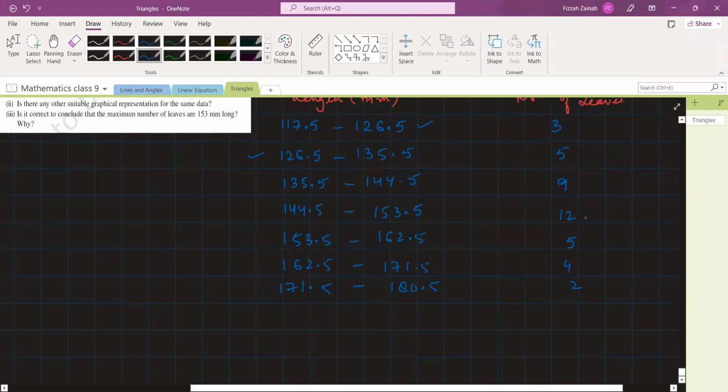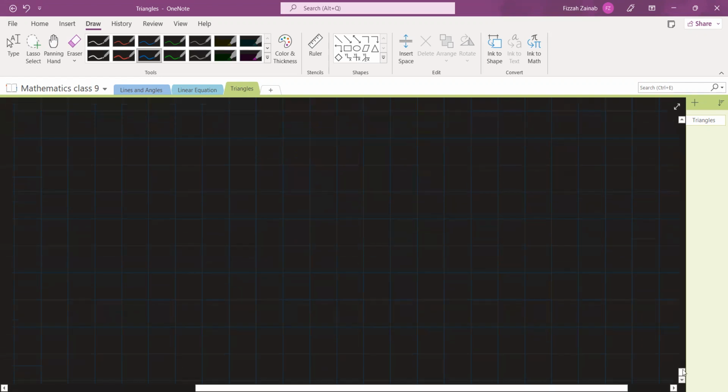Now please see. Your frequency is maximum 12, right? So 0 to 12 you have to show on the y-axis. And length starts from 117.5 and goes to a maximum of 180.5, right? So what is the method of plotting it? Just see here. You choose your axis.